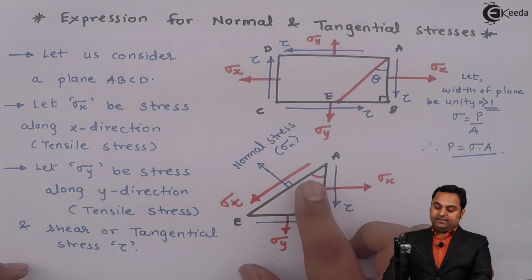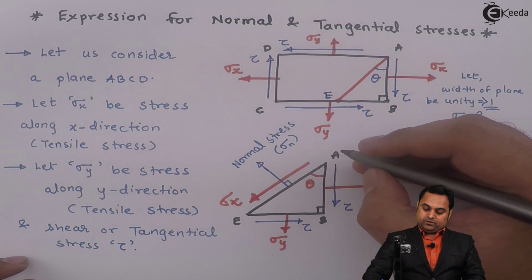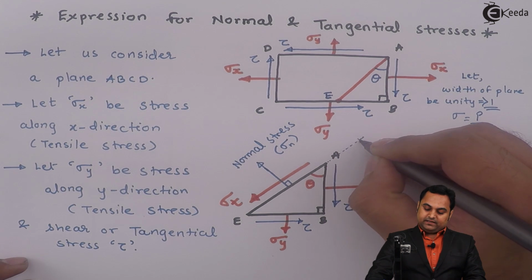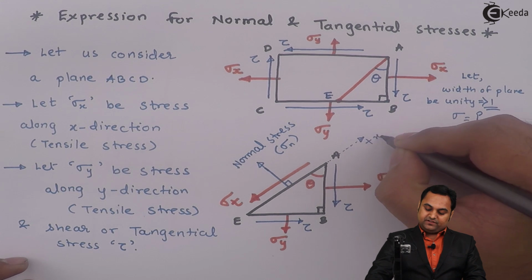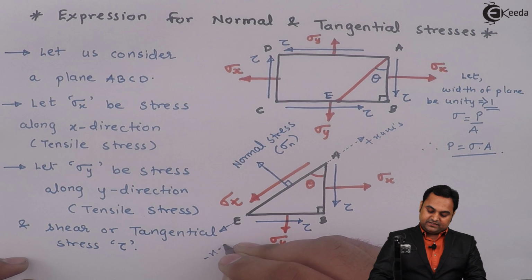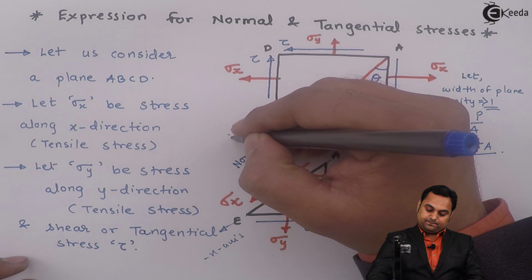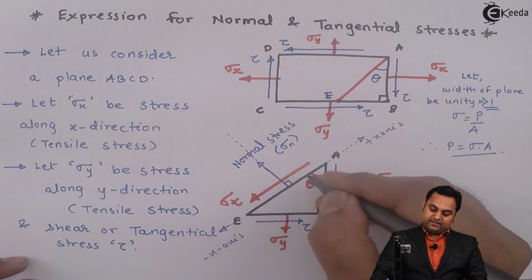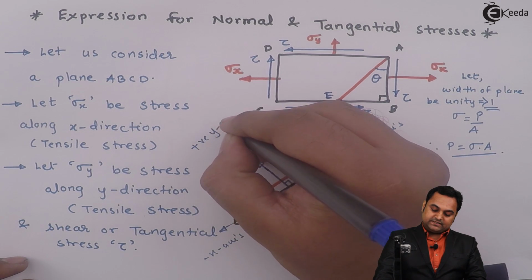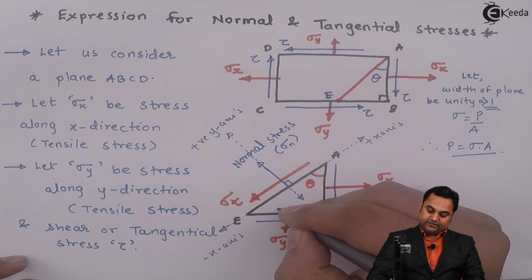So we are considering the inclined plane, and for us the inclined plane, the parallel component acting upward will be treated as positive x-axis, parallel component downward will be negative x-axis, then the axis perpendicular to the inclined surface, that would be positive y-axis, and here we would be having the negative y-axis.